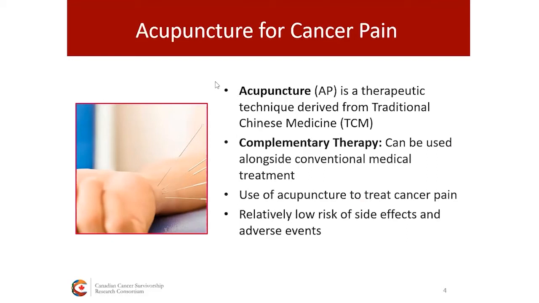As we all know, acupuncture is a therapeutic technique derived from traditional Chinese medicine, and it is often used as a supplementary treatment alongside conventional treatment. The advantage of acupuncture is that it comes with very few side effects, and adverse effects have been almost unheard of.